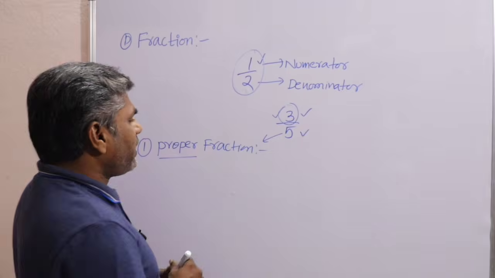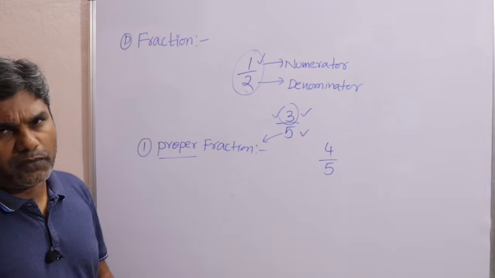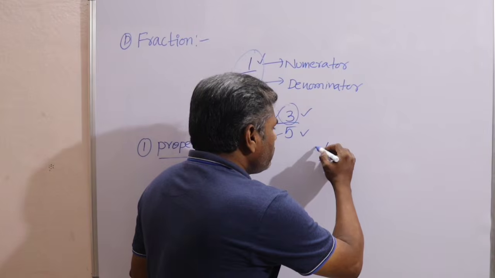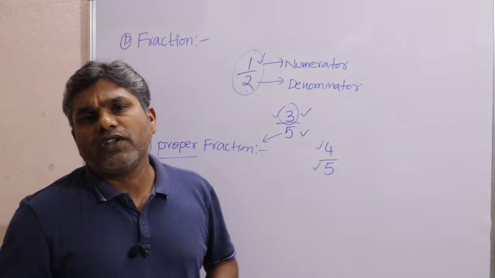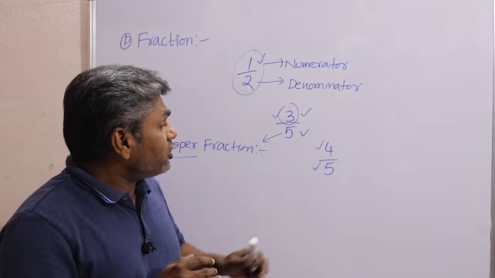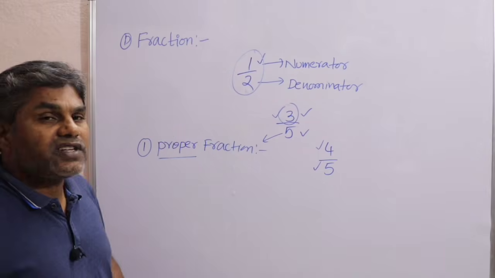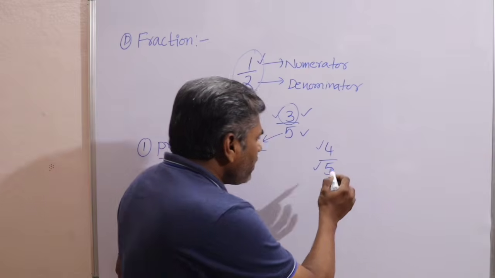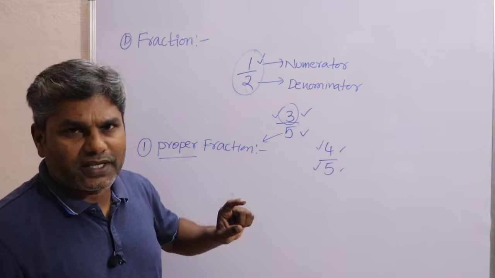Now I am taking a fraction, suppose 4 by 5. This is called a proper fraction. Why? Because the numerator is lesser than the denominator. Wherever you find a fraction in which the numerator is lesser than the denominator, that fraction is called a proper fraction, because it is in a proper order from small to big.